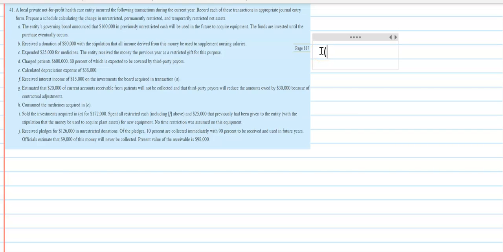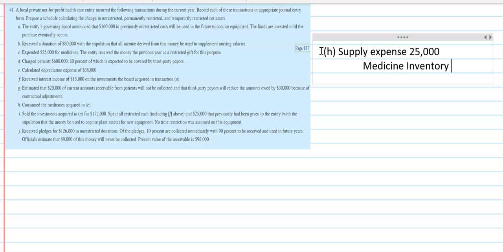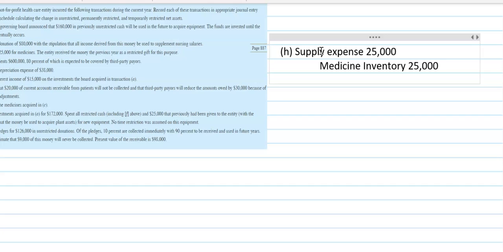It will be medical supplies expense, or you could also write supply expense, 25,000, and you also need to reduce the medical supplies or medicine inventories because they already used those medicine inventory, so you have to credit it.